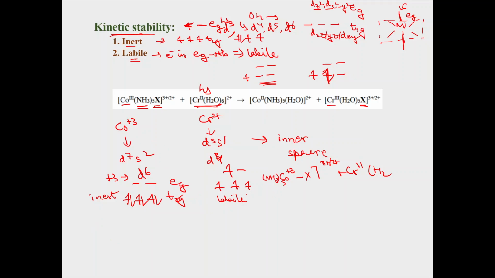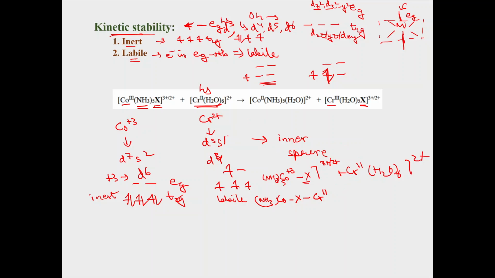So after this, what happens is this X, if it is a bridging ligand, then NH3, Co, X, and then chromium 2 plus.